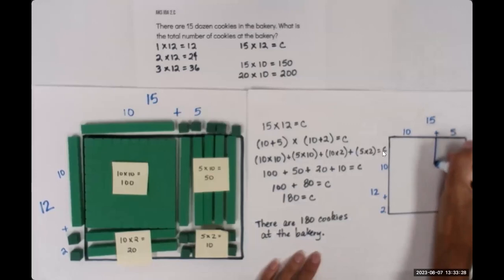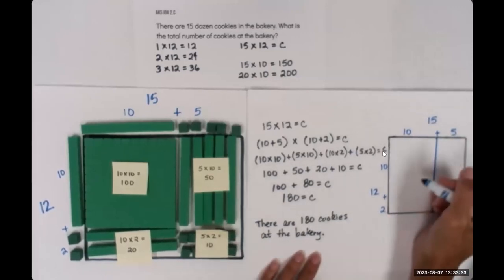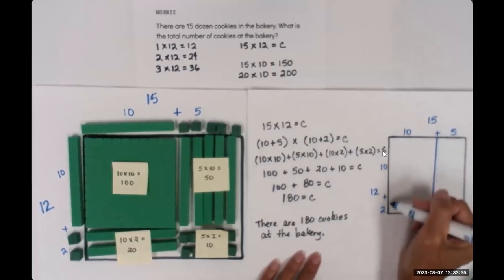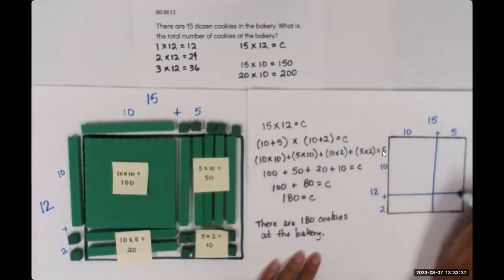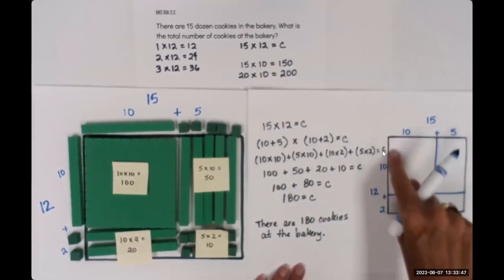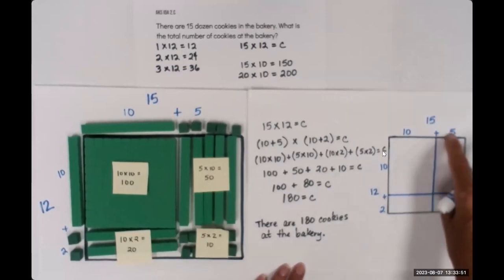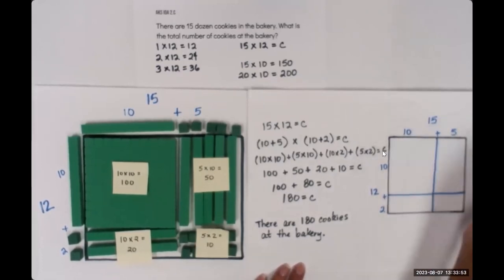So let's draw a line partitioning 10 and 5, and then I'm going to draw a line horizontally partitioning 10 and 2. All right, and you can see there are 4 smaller parts in this area. Okay, you can see this 10 by 10 area right here.